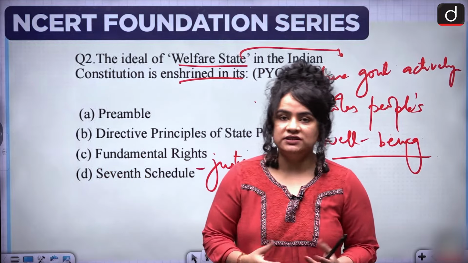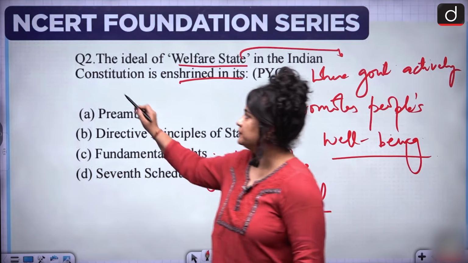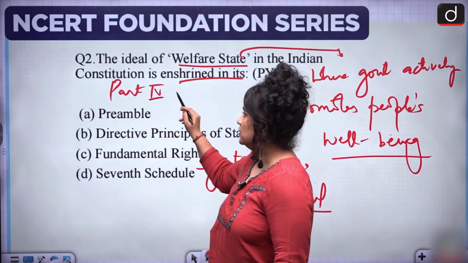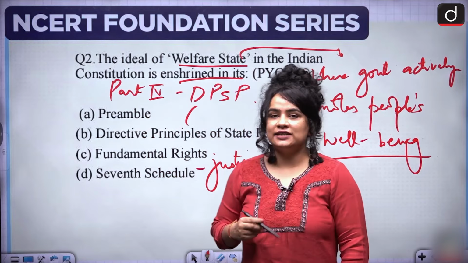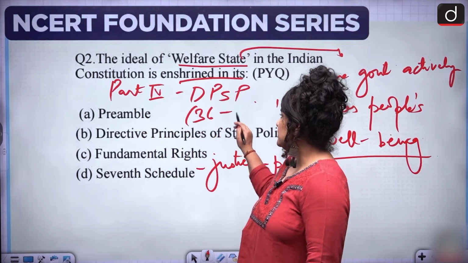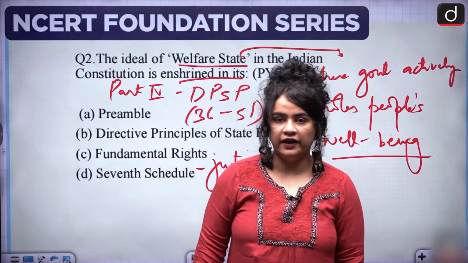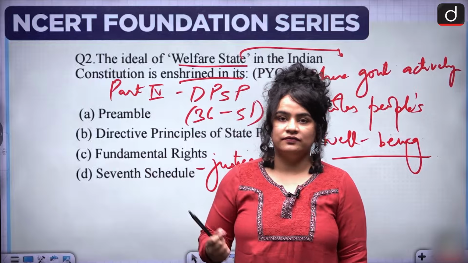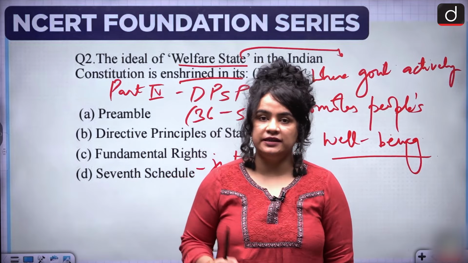Now in our Constitution, this ideal of the welfare state is reflected in Part 4 of the Constitution, which is the DPSP or the Directive Principles of State Policy, contained within Articles 36 to 51. All right. The good thing about these DPSPs is that they guide the governance of a country fundamentally.